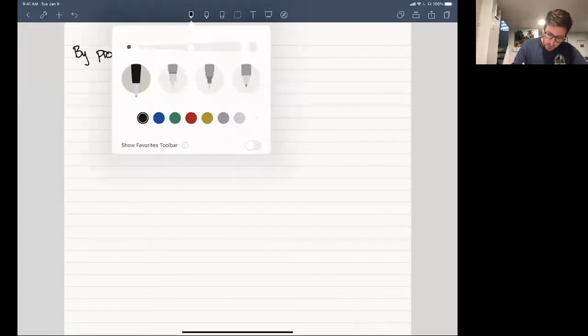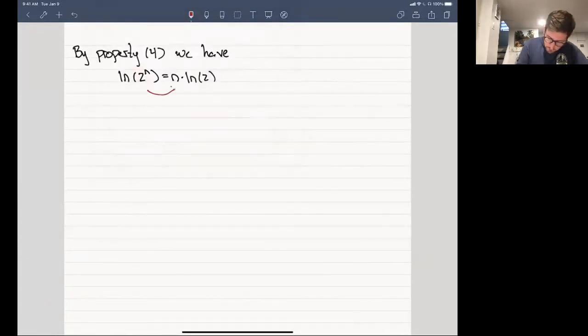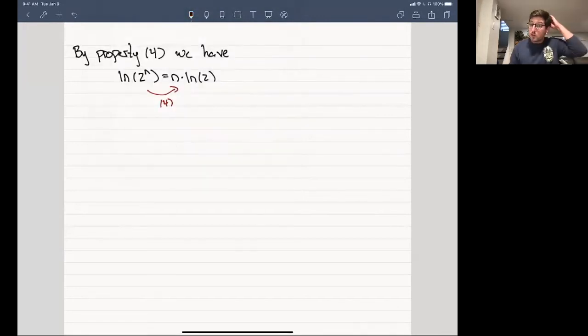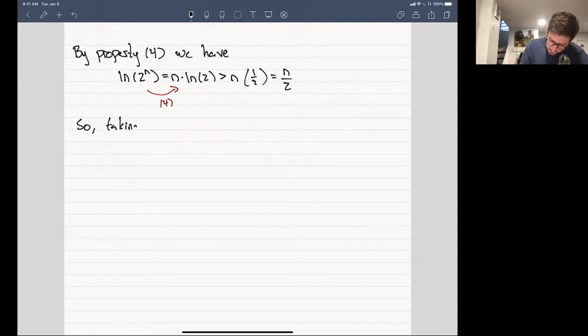So maybe if we want to, we can put a little marker. Property 4. And we know that ln of 2 is bigger than 1/2. So this has to be bigger than n times 1/2, which is equal to n over 2. So taking n to infinity shows that ln of 2 to the n goes to infinity.